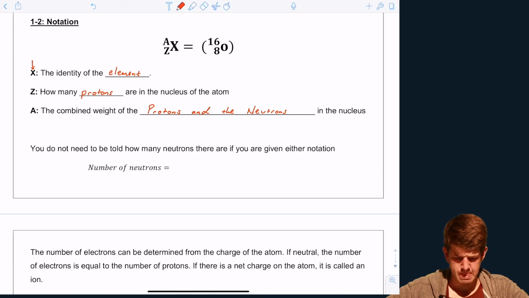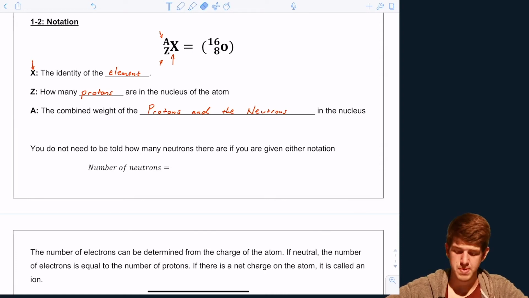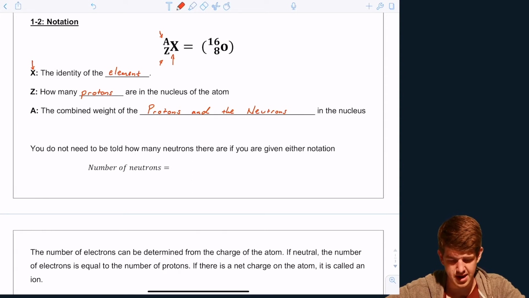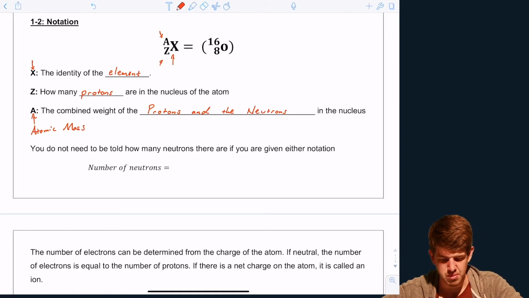Now, the number of neutrons, we're not given that in the nuclear notation. No value here directly tells me how many neutrons something has. That is completely all right, because, like we just said, the atomic mass, A, is equal to the number of protons and neutrons.